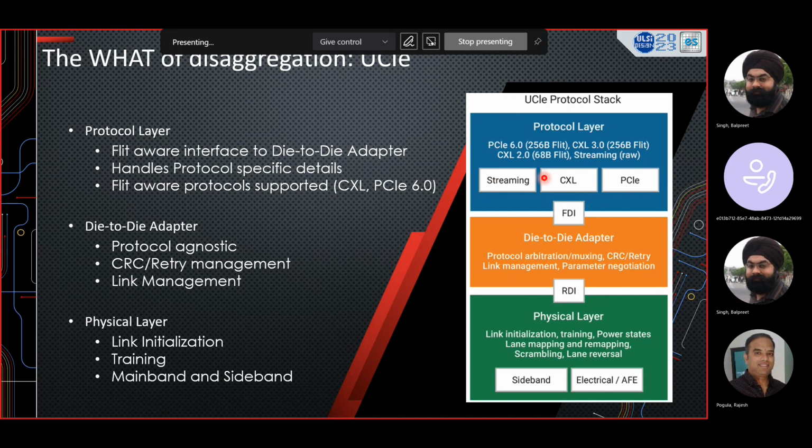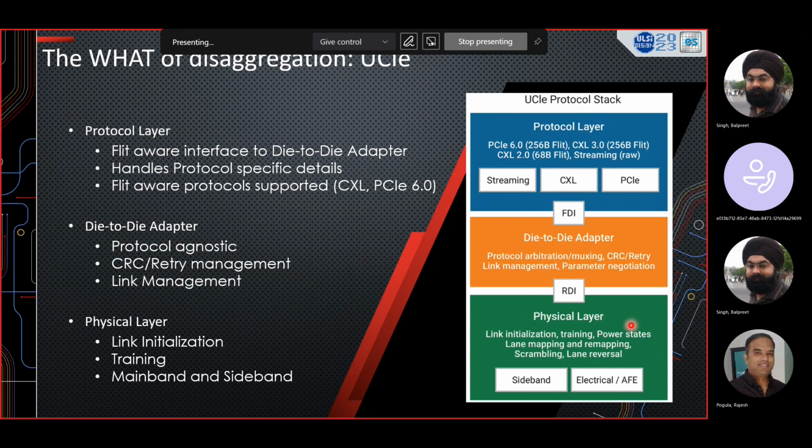All protocols like PCI Gen 6, CXL 3.0 and 2.0, and the streaming, come in a FLIT format with the CRC attached to it, which takes care of the protection part as well. That can be pushed through the die-to-die adapter, which takes care of the CRC retry, link management, initial link bring up and protocol parameter negotiation. All of that is handled by the adapter.